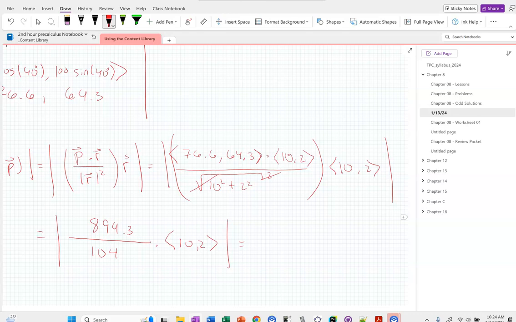Now, I'm going to break that up because I already did the magnitude of 10, 2 before. So it's like 894.6 over 104 times the square root of 10 squared plus 2 squared.